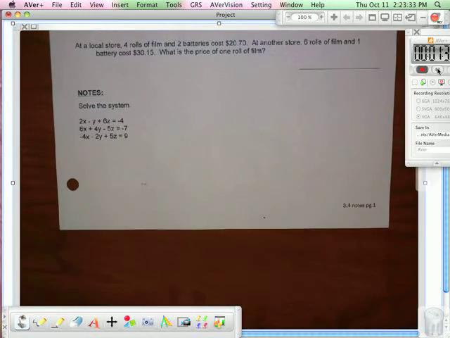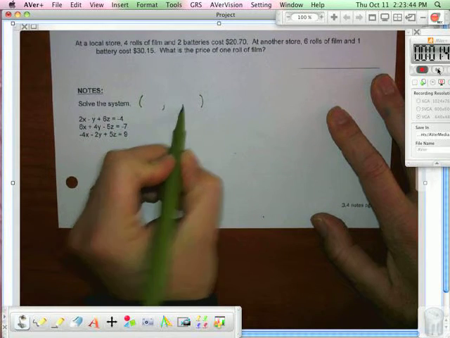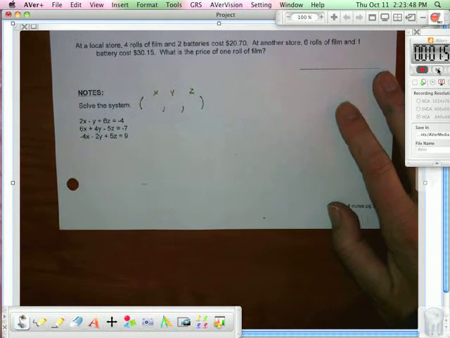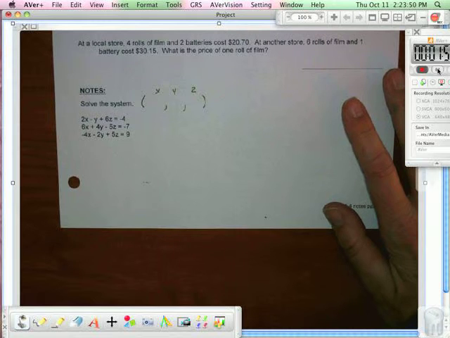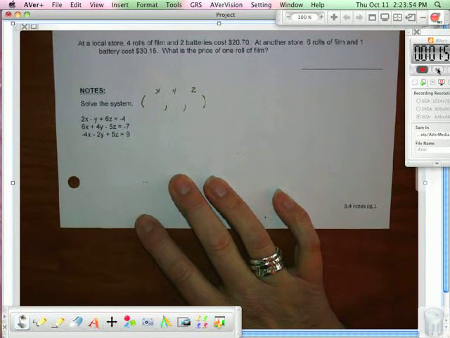All right, here's what I need you to do. Solving this system, we have to find the ordered triple that will make it true. So I'm going to write right up here, x, y, and z is what I'm looking for. To keep yourself straight, it really, really helps. And by the way, write small.